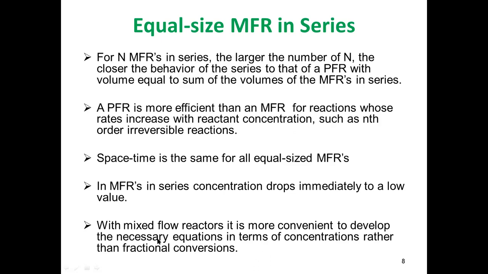So this is just a suggestion, but it really depends on what is given in the problem. Whereas in your PFR, you have the leeway of representing your performance equation in terms of XA or CA.